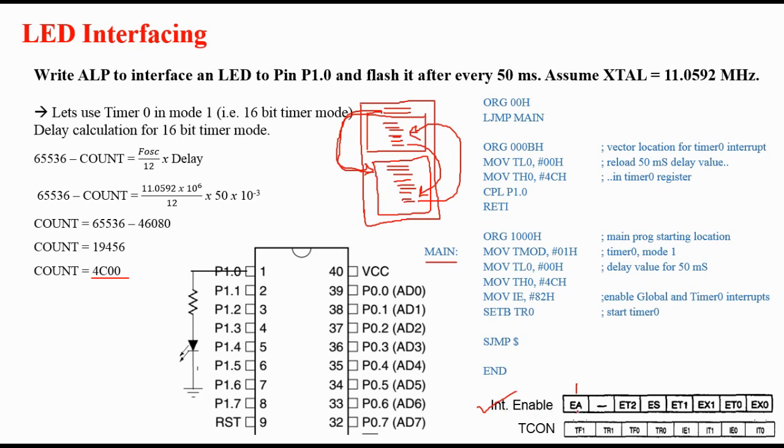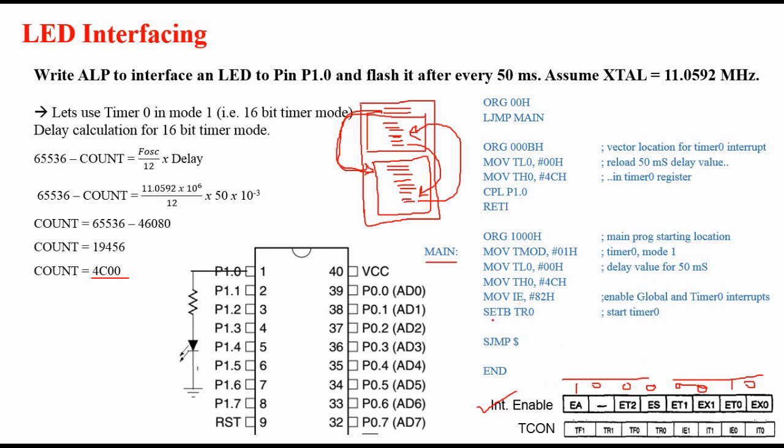This global interrupt you will have to make 1 to enable, and this timer 0 related interrupt, that is ET0, must be turned on. The rest of the interrupts are for serial communication, timer 1, external interrupt 1, external interrupt 0. We are interested in timer 0, that's why we made it 1. Now if you convert this binary value into its equivalent hexadecimal, you will find it is 8 and 2, so it becomes 82. In this way we have moved 82 into IE, the interrupt enable register.